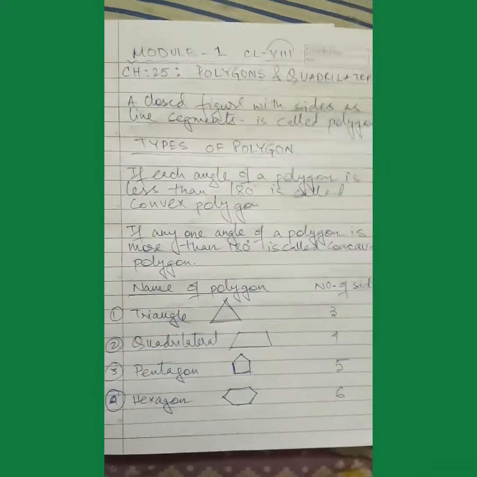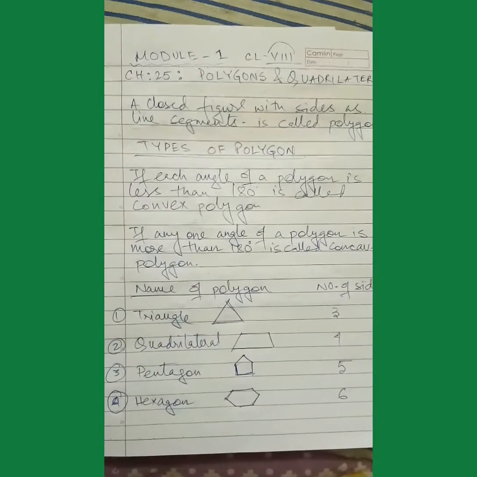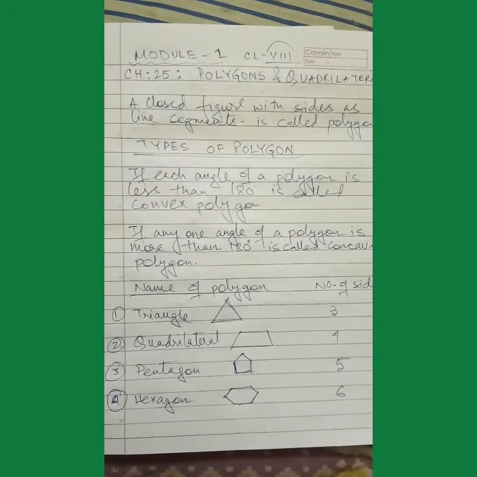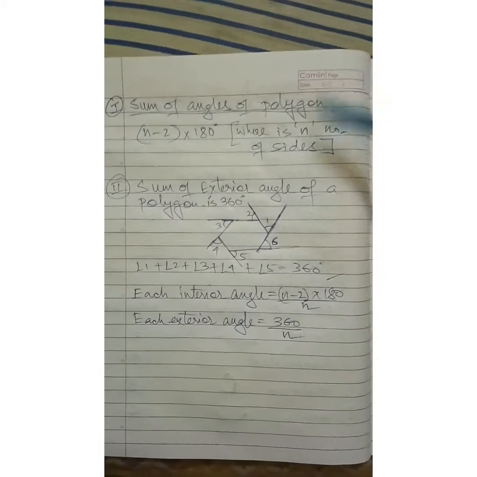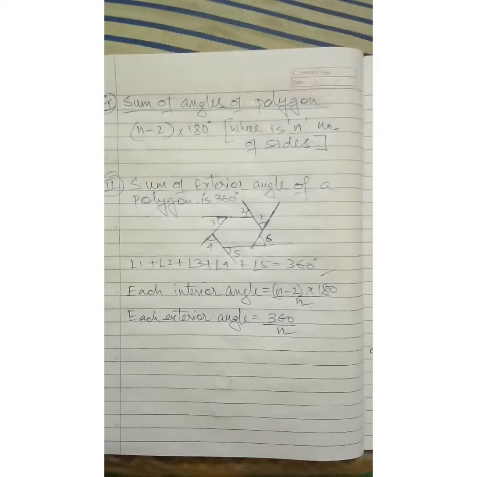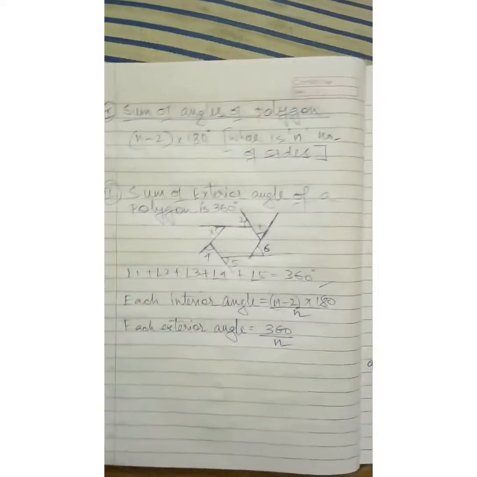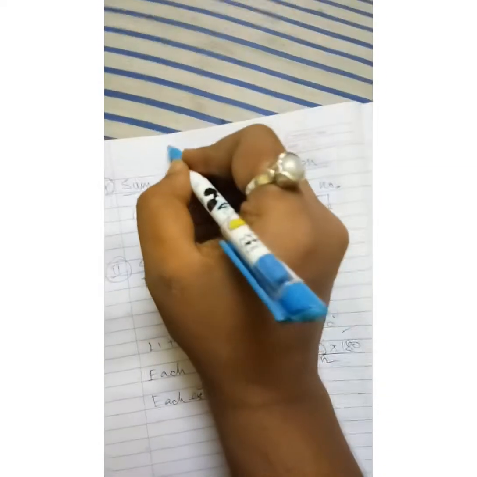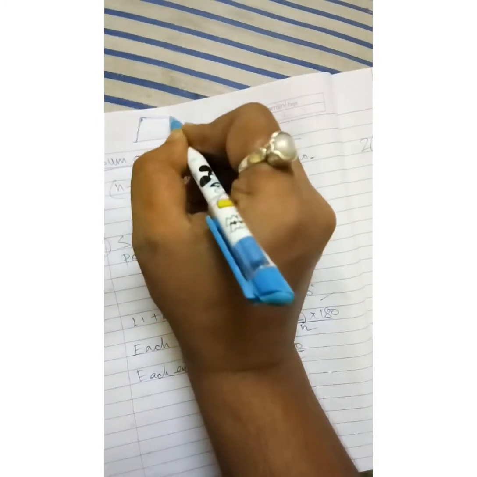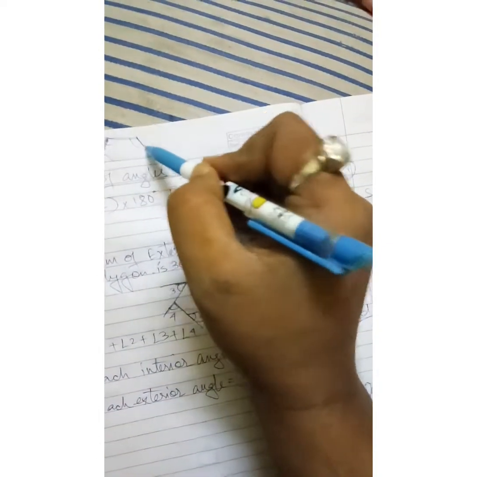Now next we'll do some formulas for polygons. First formula: the sum of the angles of a polygon. Suppose I draw a quadrilateral over here. 1, 2, 3, 4.